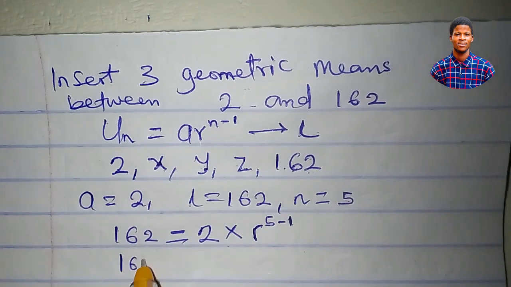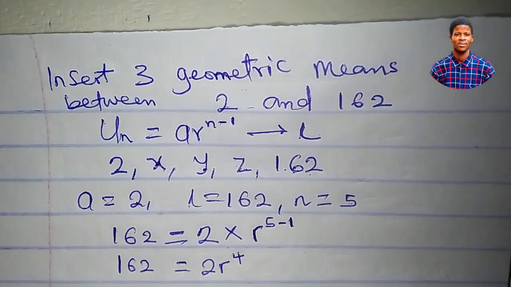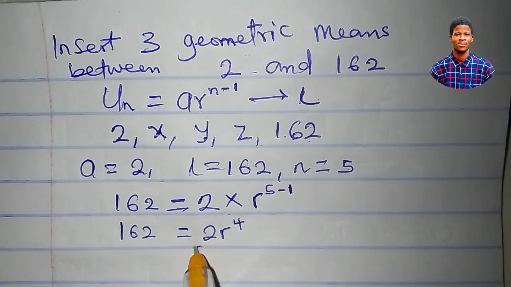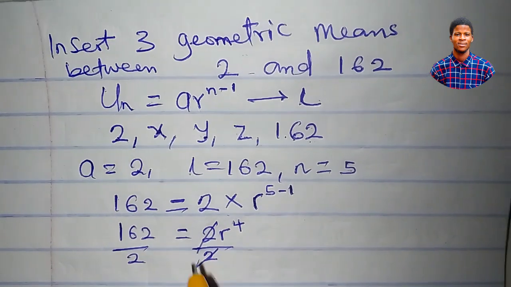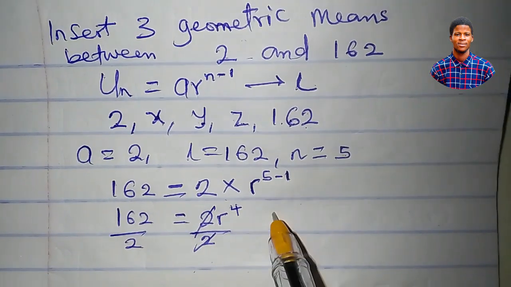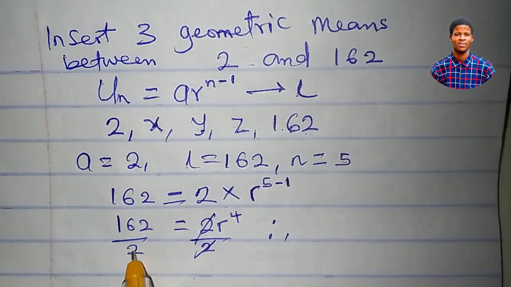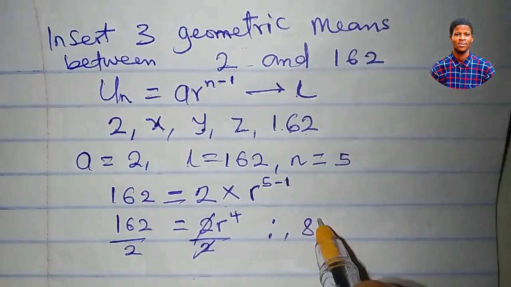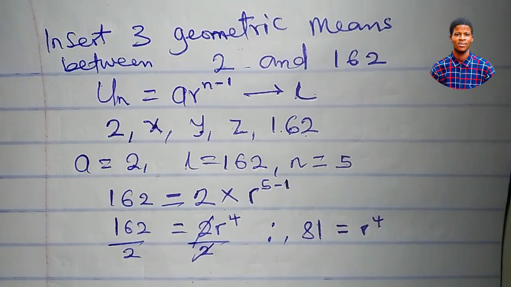So 162 is equal to 2 r to the power of 4. What I have to do now is to divide both sides by 2 to eliminate this one. Okay? So this will actually give me 162 divided by 2 is 81. That's equal to r to the power of 4.